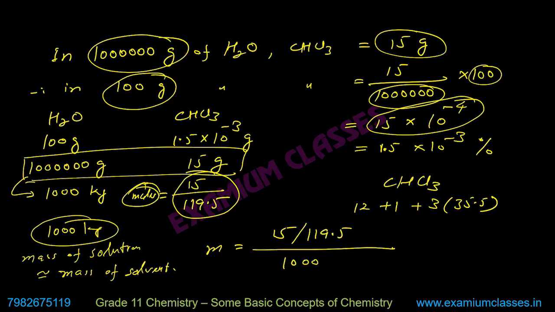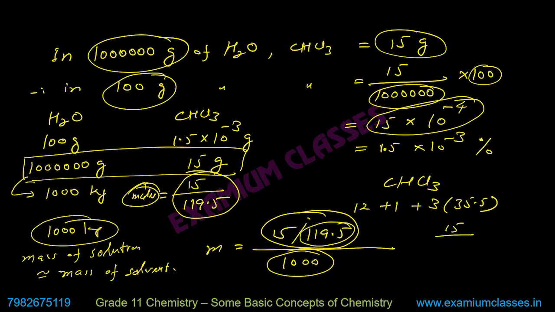So this will give you the answer: number of moles of CHCl3 divided by mass of the solution in kg. When you solve this one, now approximately you can calculate, right? This is approximately 120.